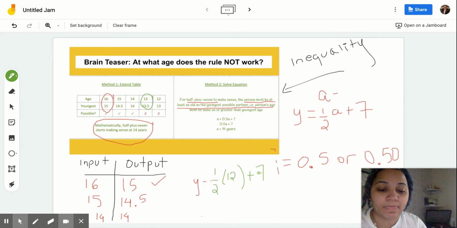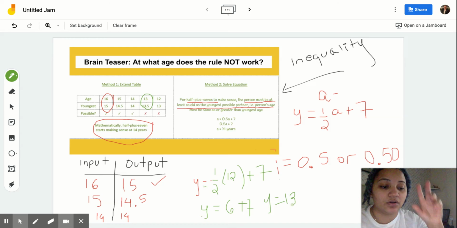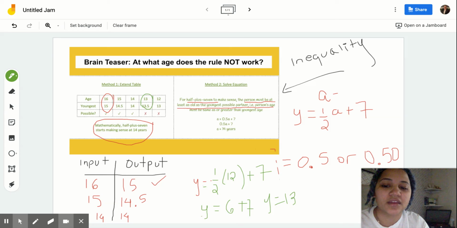Half of 12 is 6, so that would be 6 plus 7, which equals 13. This is a very weird 7. So y equals 13. You're telling me that I, as the older person, am going to date somebody that's 13 years old? They're not younger than me. So this is when the rule stops working, and that's a way to evaluate it.